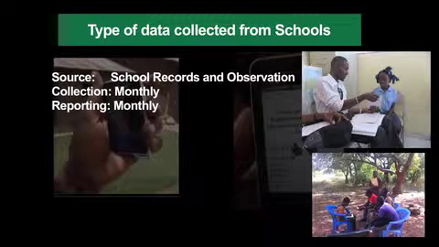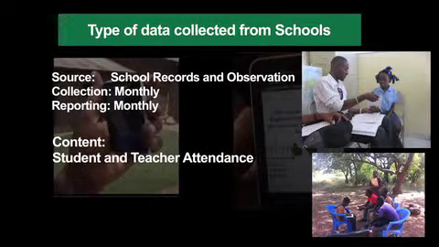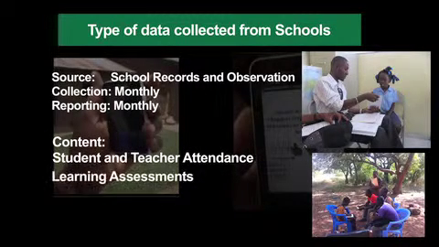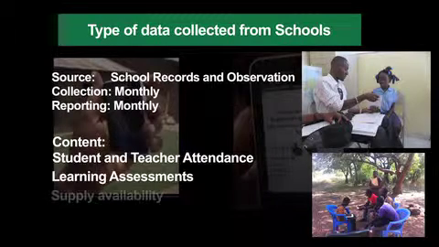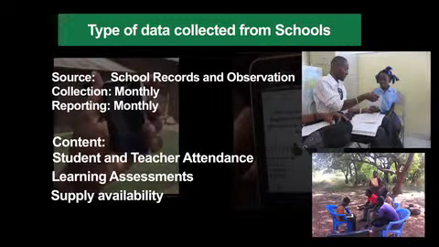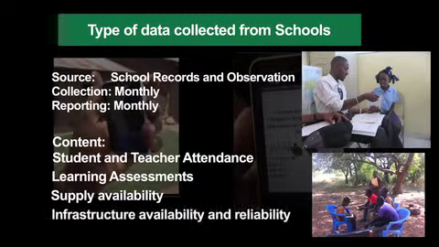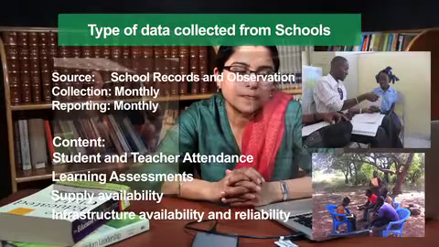So student and teacher attendance is one, student learning assessments, supply availability of teaching and learning materials, pens, pencils, etc. And infrastructure availability and reliability, in terms of whether there is running water and running electricity in these schools. Those are some of the key indicators that we've been able to gather on a really frequent basis.